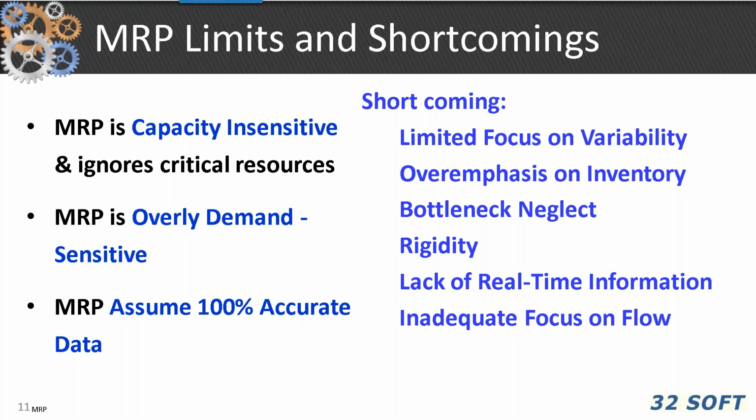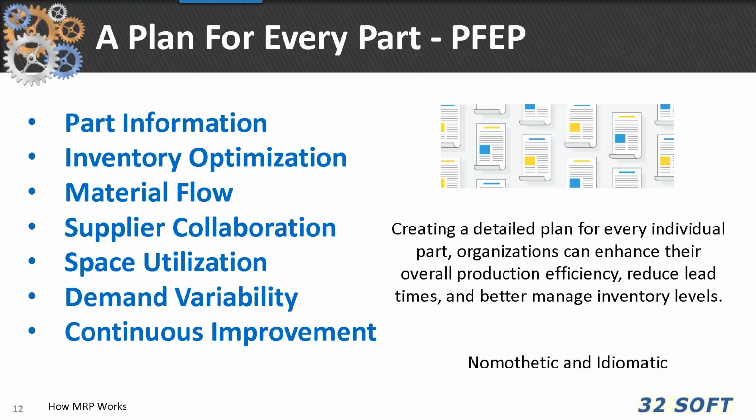Over the last many years, the acronym PFEP has been used to refer to a rigorous approach to planning that defines a plan for every part. Repeat, every part. A plan for every part involves part information, like we talked about last week: part data, planning, cost, how we're going to control inventory, and what the material flow is, a detailed, defined material flow.